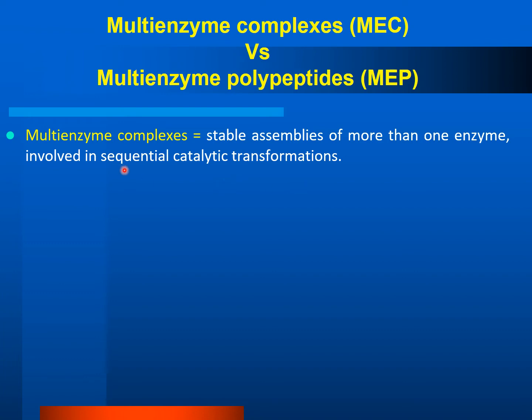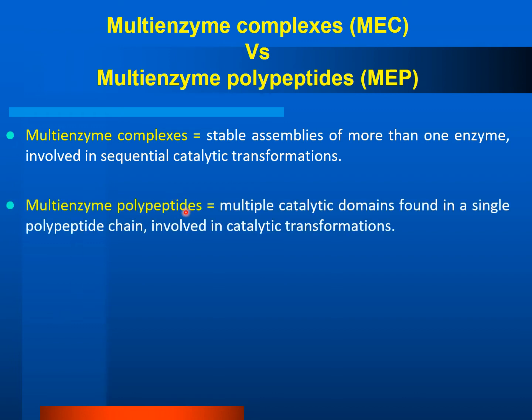Remember, sequential catalytic transformation. For multi-enzyme complexes, it is very important to use this term sequential, because the whole idea of multi-enzyme complexes is based on the fundamental concept that reactions occur in a sequence and every step of the reaction is catalyzed by a particular enzyme.